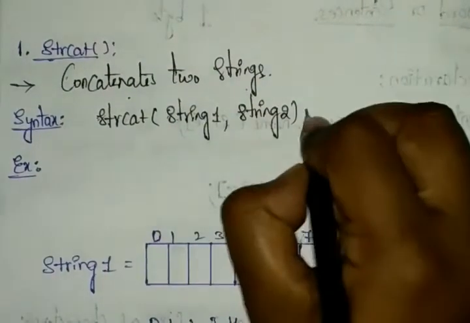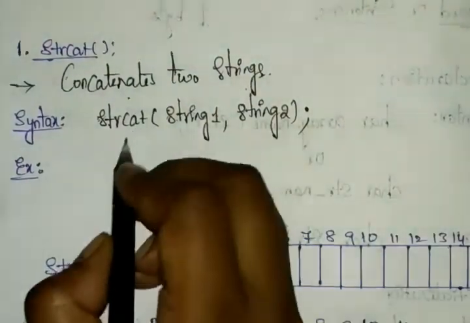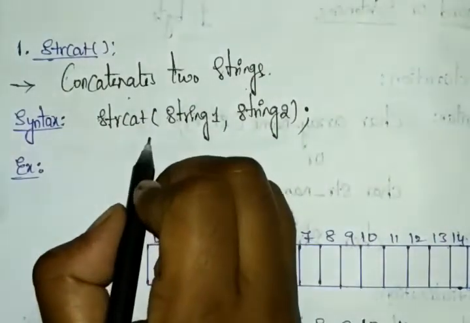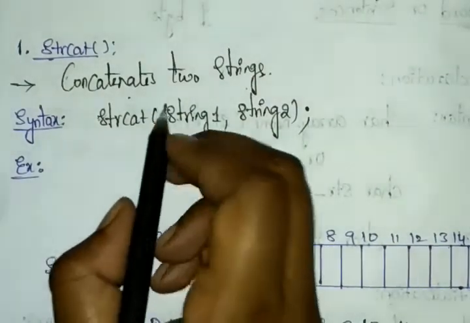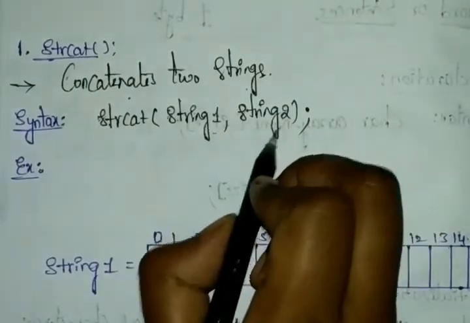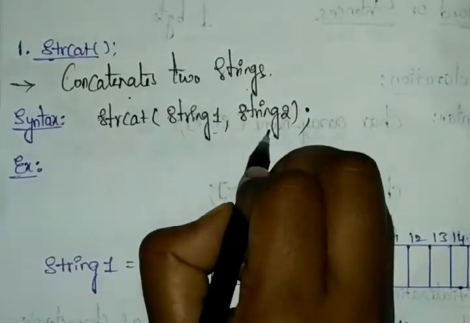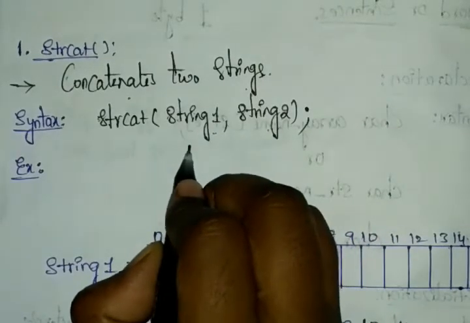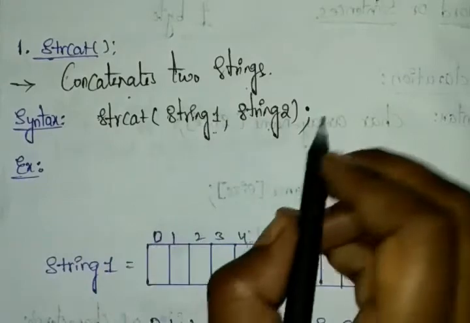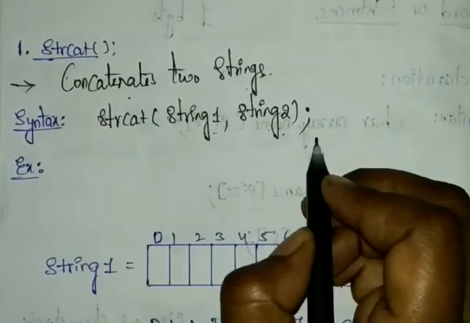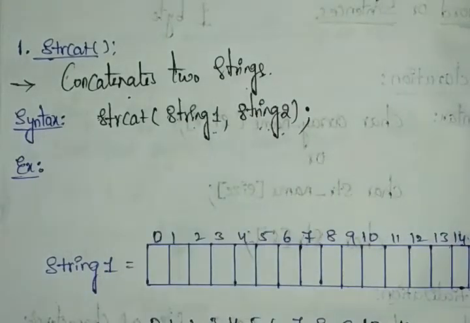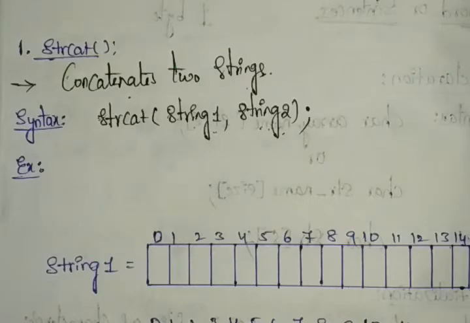For example, with strcat, we have string1 and string2, and I'm choosing these two as character arrays. So the function strcat will be executed and string2 is appended to string1. Whatever string2 value you have will be added to string1. You can see how it looks in the example.